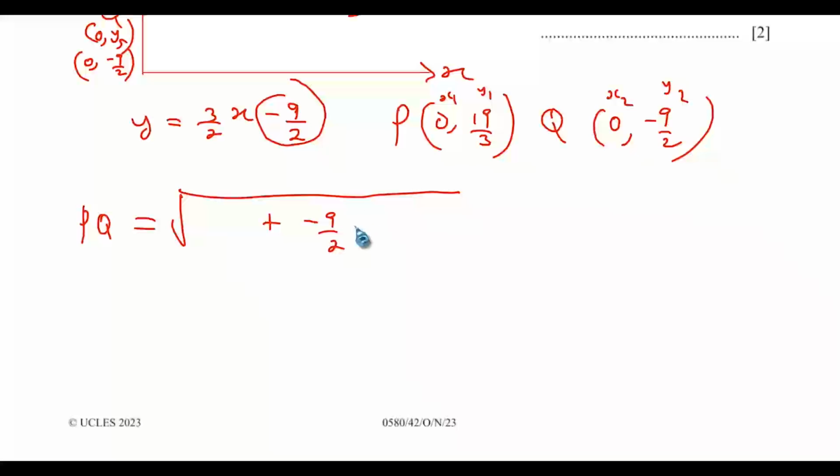Minus y1, it will be 19 over 3, squared. So this is y2 minus y1 from here, that is minus 9 over 2, then minus 19 over 3 squared. So if you simplify this, PQ will be equal to the square root of, I think it will be 65 over 6 if you simplify this.